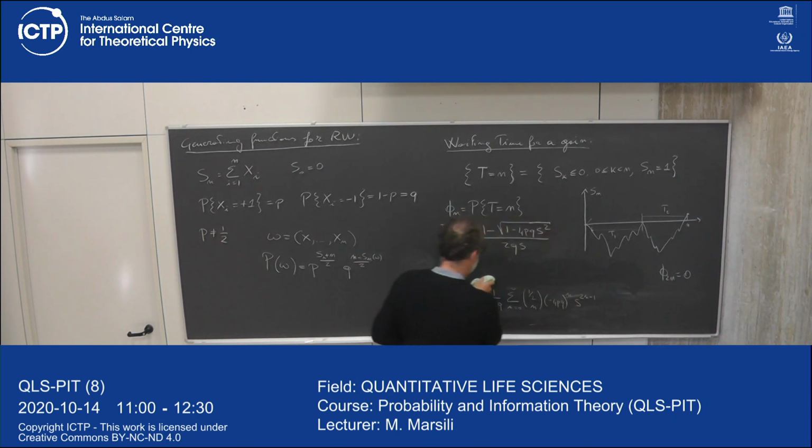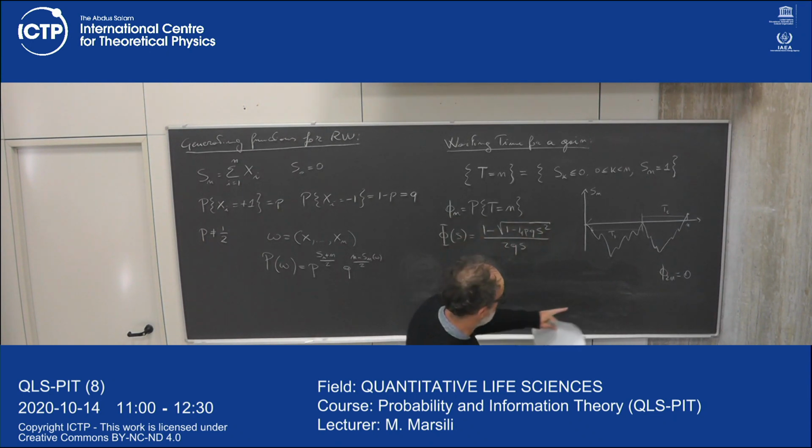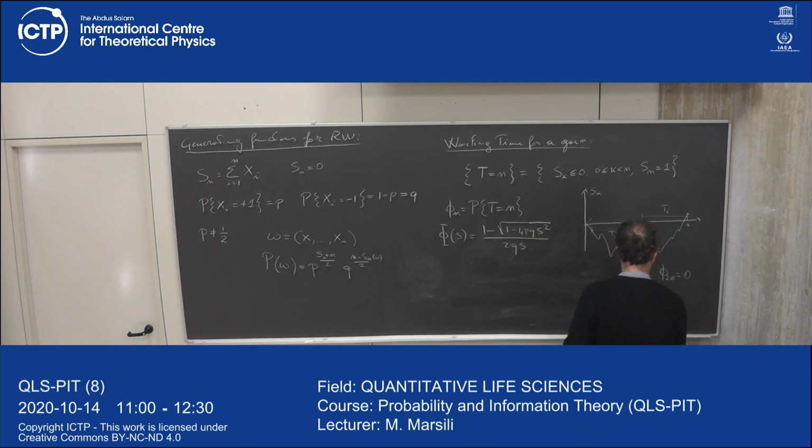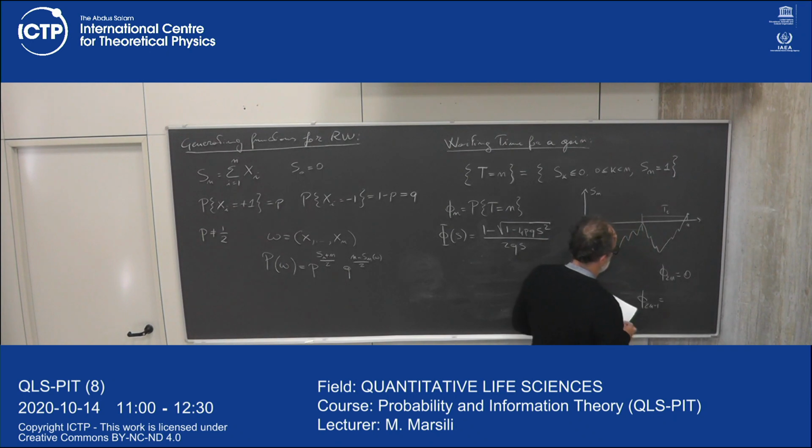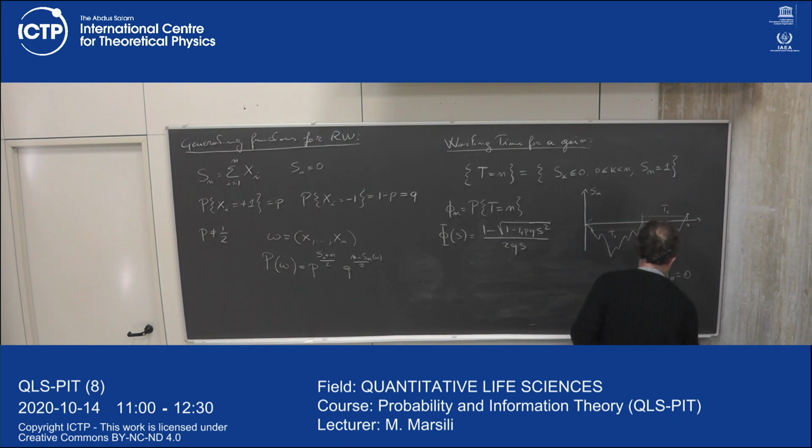If you manipulate the binomial coefficient a little bit, then you find that phi of 2n is equal to 0, and phi of 2n minus 1 is equal to 1 over 2n minus 1 times (2n choose n) times (PQ) to the power n divided by 2Q.